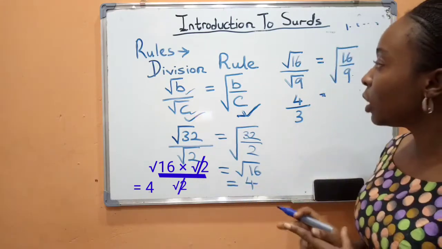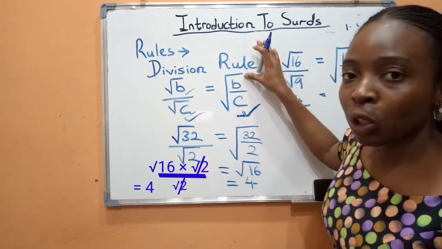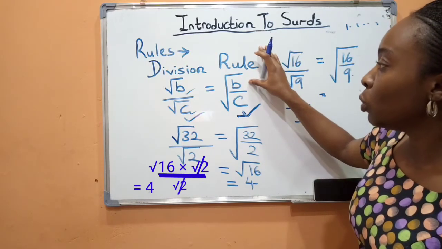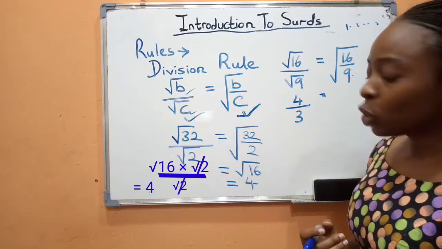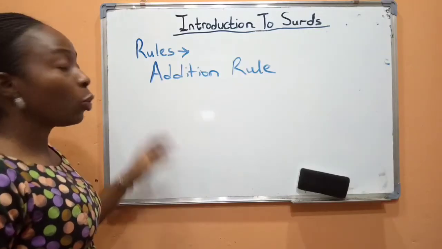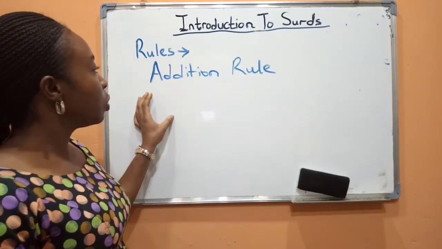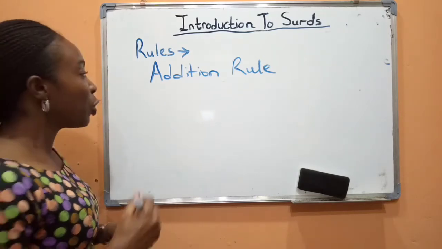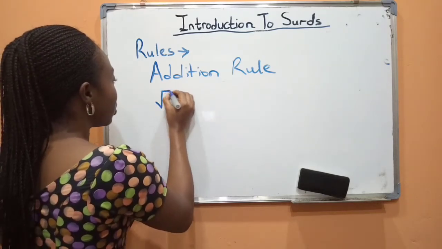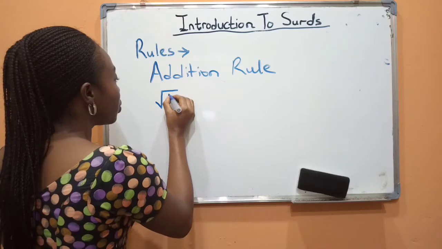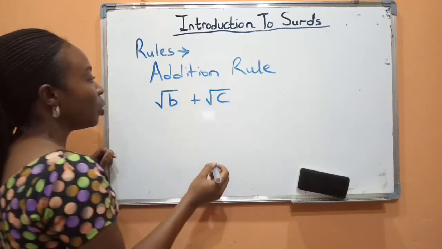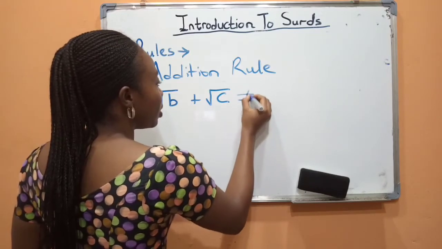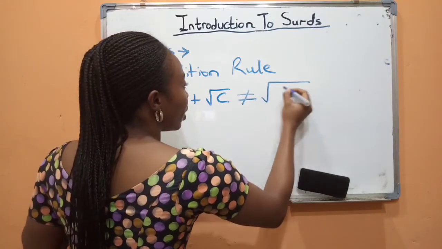So now that we've taken a look at the multiplication rule and the division rule, let's take a look at the addition rule and the subtraction rule. Now when we talk about the addition rule, what it tells us is this: when we combine two different roots, when we sum like square root of b plus square root of c, we do not get the same thing when we combine the roots.